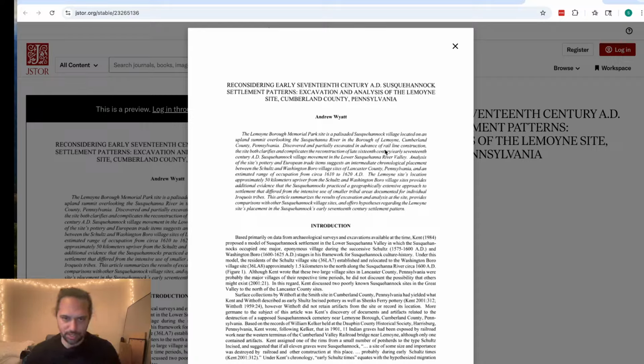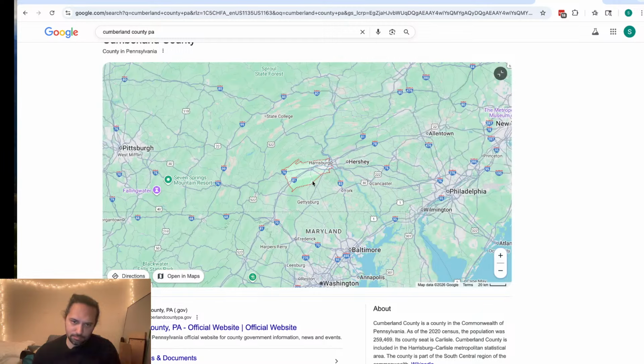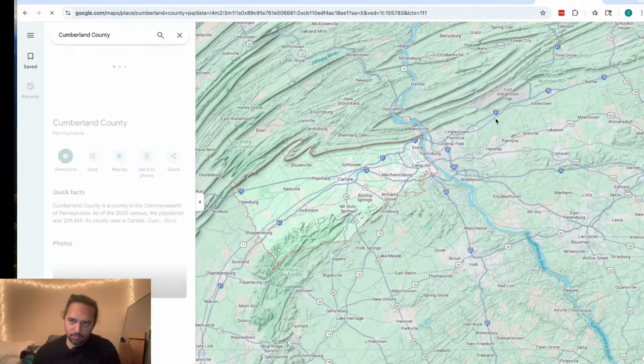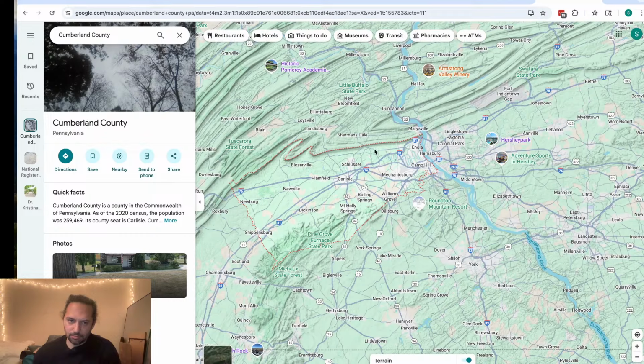Cumberland County, PA. It's hard to see, but this is Cumberland County. So it's a kind of a smaller county, I guess. It occupies the valley just beneath the major ridges of the Poconos. And it's got the, what's the river called?